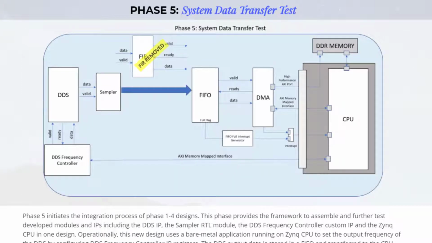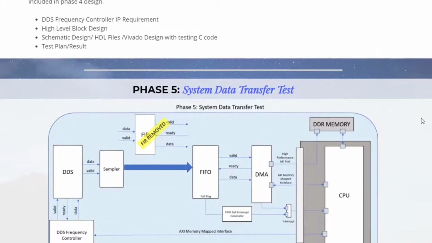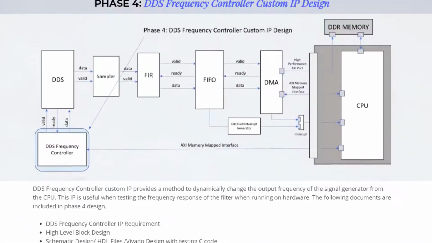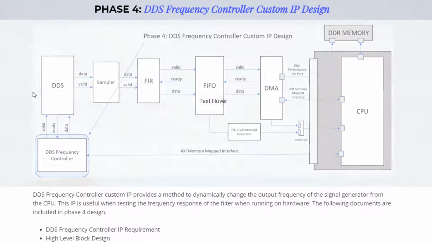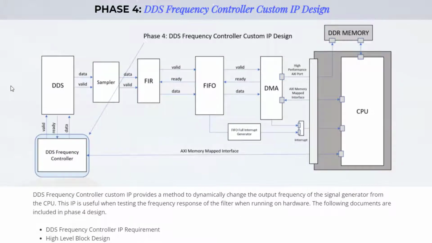So you have a data flow that starts with the DDS sample all the way to DDR memory. This is a phase in a multiple phase design. If we go back to the previous phase, phase 4, it's called DDS frequency controller custom IP design. This phase designs a custom IP that allows you to change the output frequency of the DDS, which is the signal generated in this design, from a CPU application.